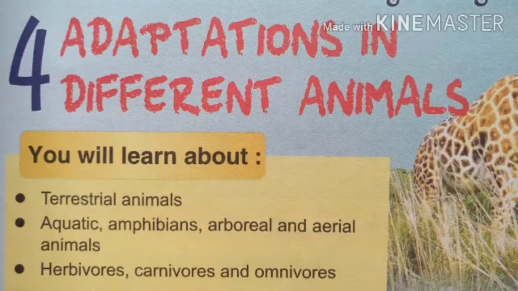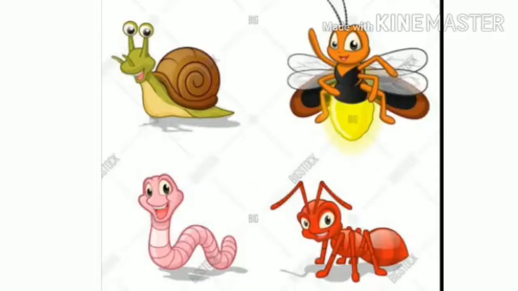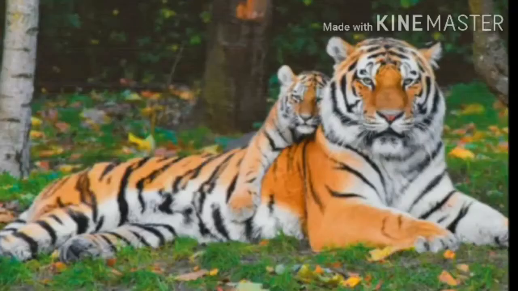Animals are found everywhere. Each animal, from the largest blue whale to the tiniest of insects and worms, is well adapted to live in its particular habitat. Some animals can live only in water, for example, fish.